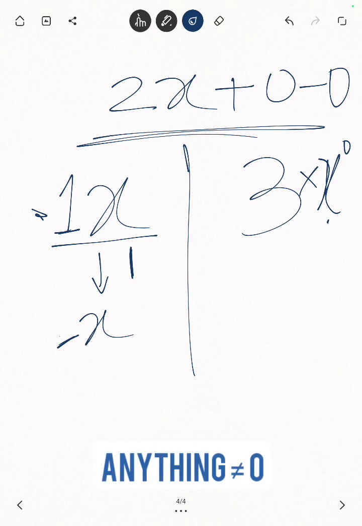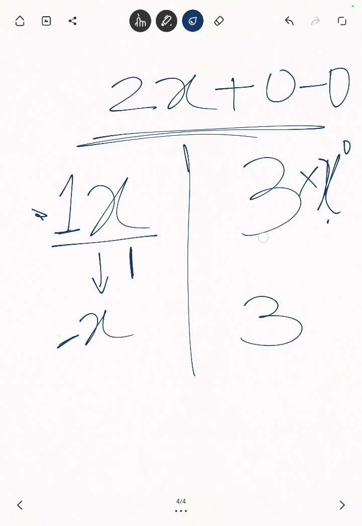Previously it was 3; I converted it to 3 into x power 0. Here I got the variable. So what can I call this? Term. Since both are equal, if I call this a term, this is also called a term. So variables and constants separately can also be called terms.